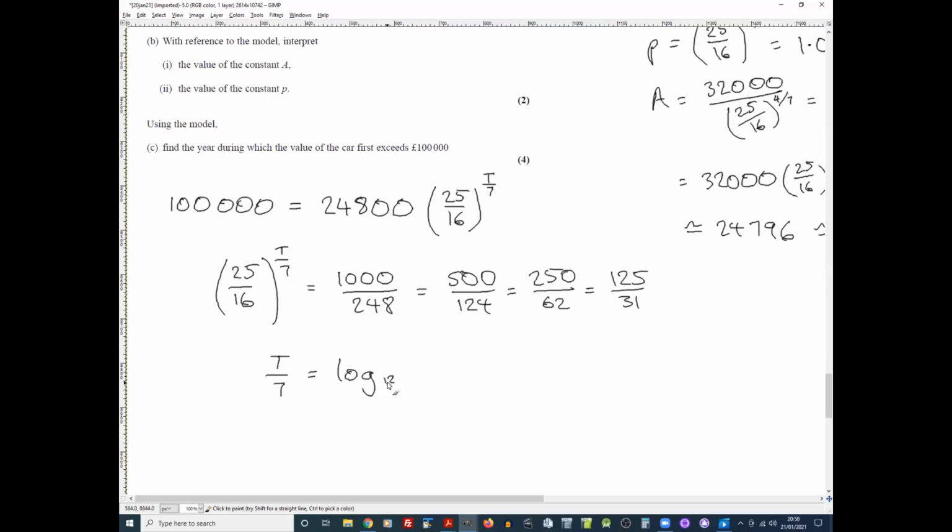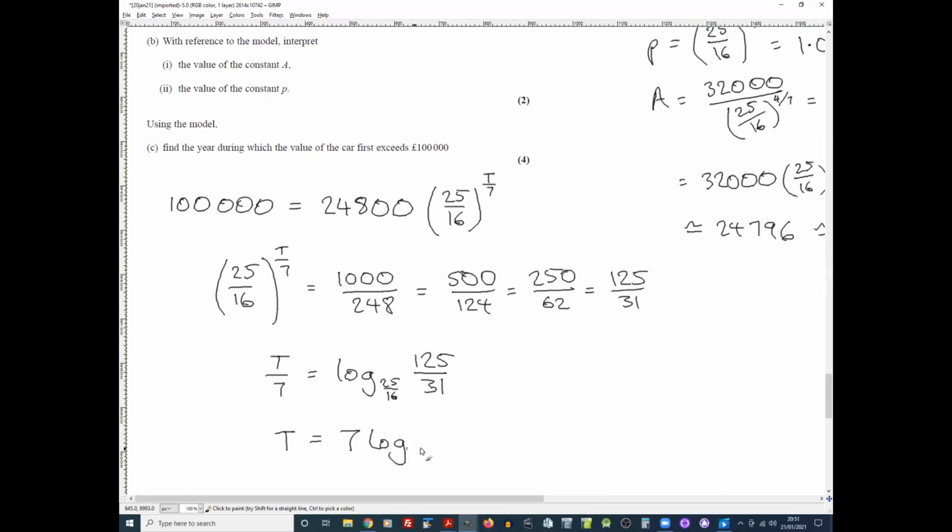Well done. Because t over 7 is clearly the power we have to raise that base to, to get this number here. So t equals 7 times that.